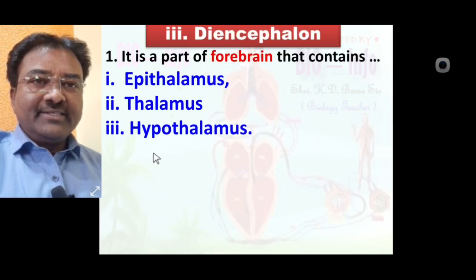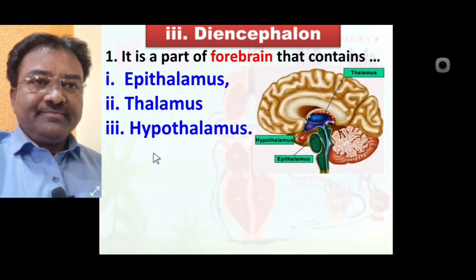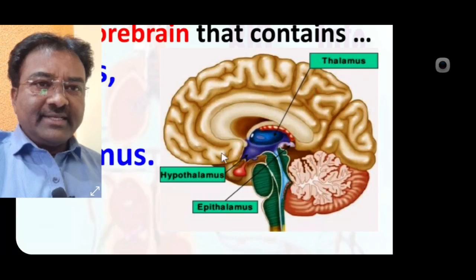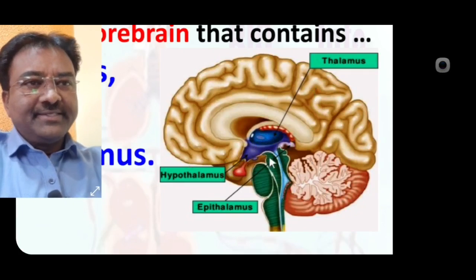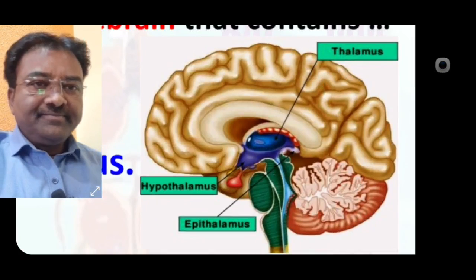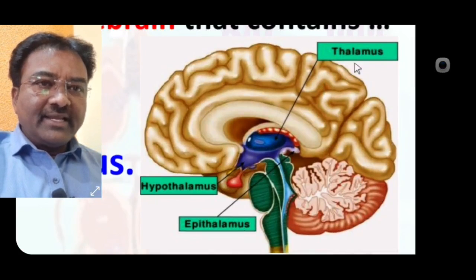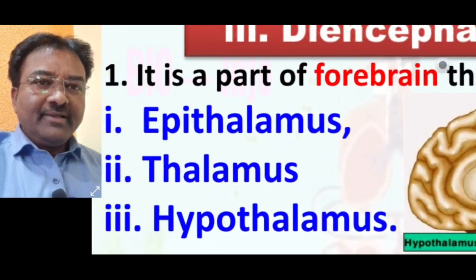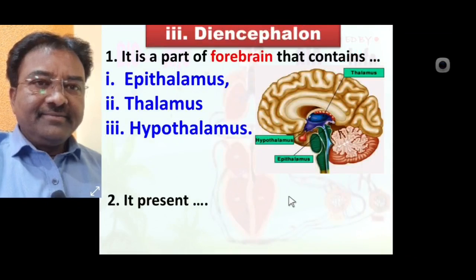Point number 2, here the diagrammatic representation is seen. This is the epithalamus part, this one is thalamus and this one is hypothalamus.